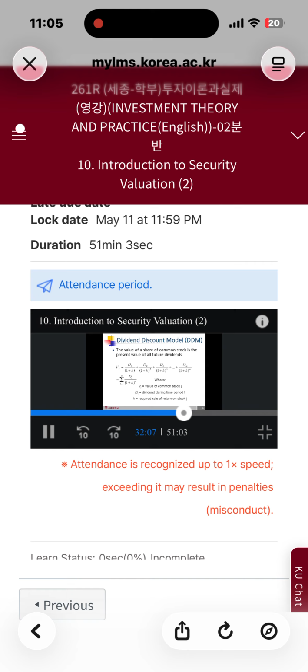So the dividend discount model. The value of a share of common stock is the present value of all future dividends. Okay. So the value of the stock is the earnings divided by some discount rate, required rate of return, say R or K, or cost of stock. So there are several approaches to measure earnings.